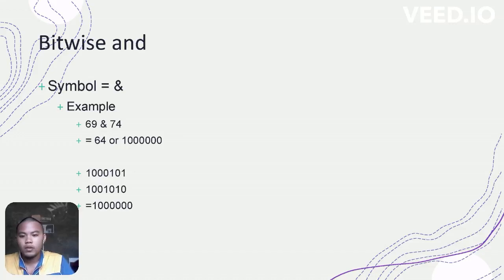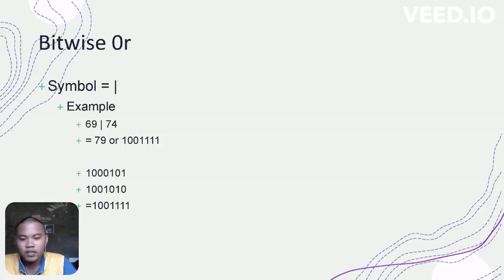Okay, since we're done with bitwise AND, let's continue on to bitwise OR. Bitwise OR, on the other hand, only needs the bit to exist in one operand for it to copy it, unlike bitwise AND, which needs both operands to have the bit.